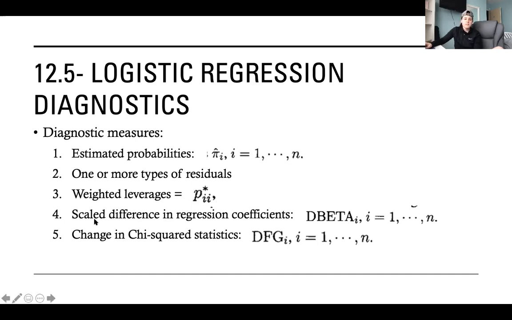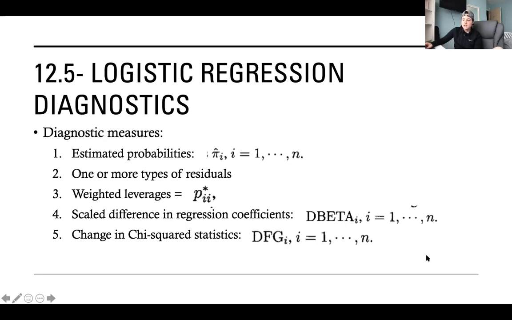The fourth diagnostic measure is a scaled difference in regression coefficients. This is denoted by d beta sub i, and i goes again from 1 to n. This is the scaled difference in the regression coefficients when the ith observation is deleted.